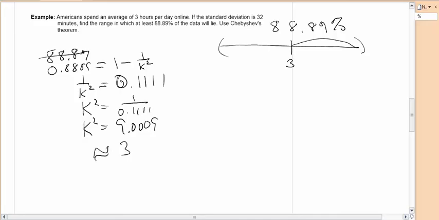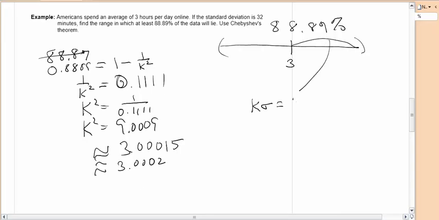So we're going to just approximate, well, it's 3.00015, and, well, that 3 would be close enough, but I like to keep 4 places, so I'm going to work with 3.0002. So that's what k is equal to. Remember, the distance here is k times sigma.